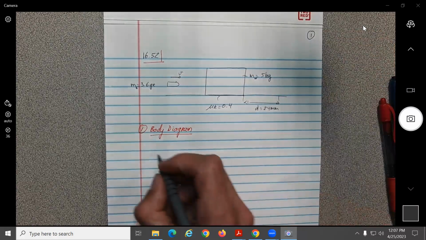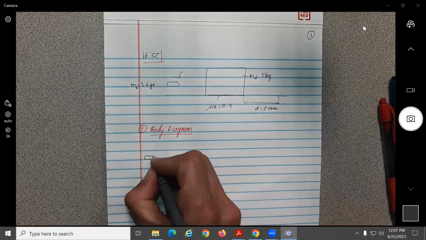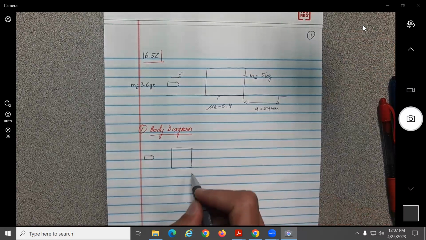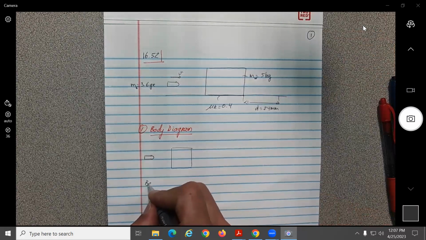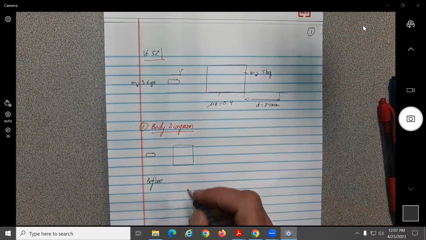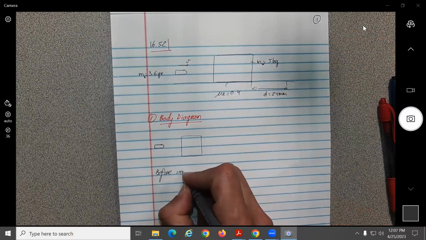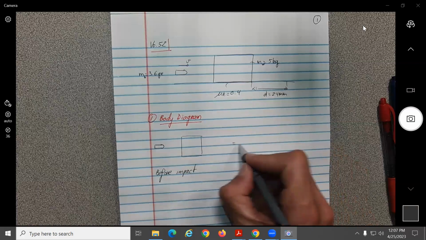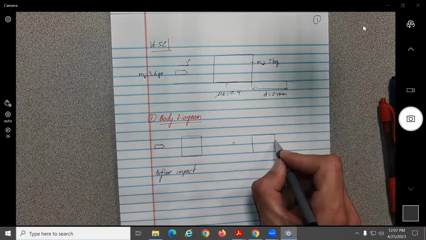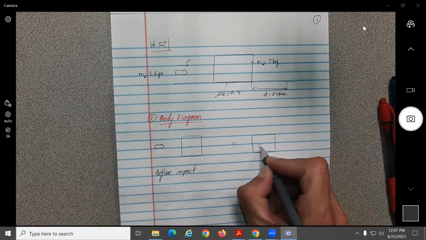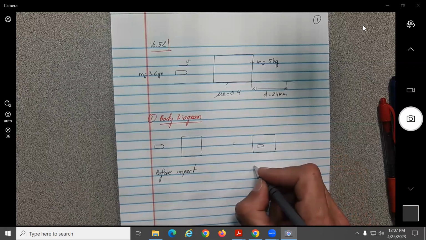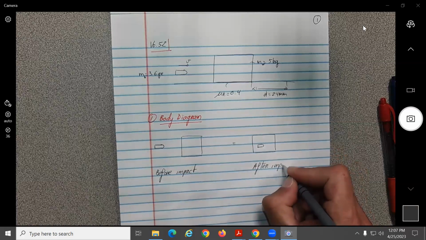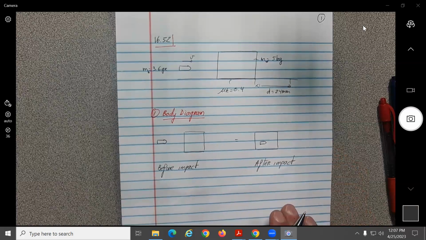So here we're going to put one figure before impact, and the other one after impact.